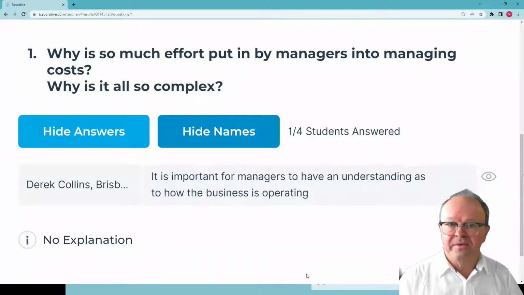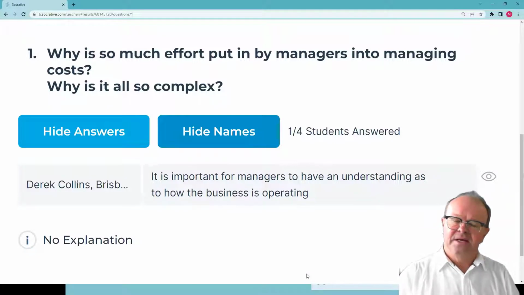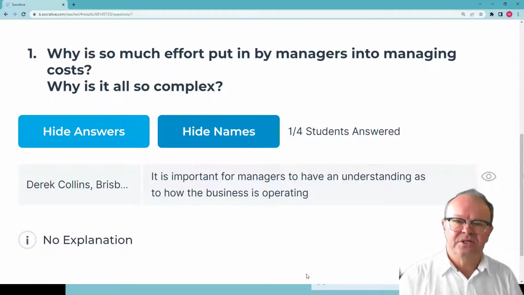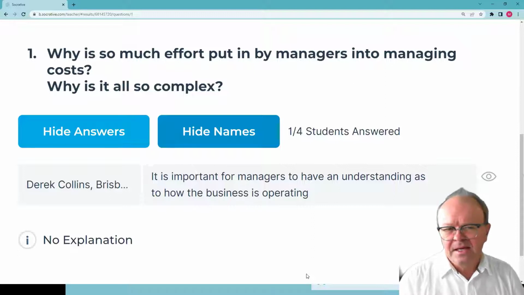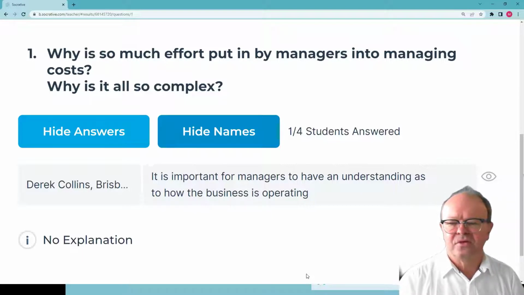And you can have a lot of operations everywhere. Ryman Healthcare has a lot of retirement villages everywhere, a head office in Christchurch, and all these retirement villages as well in Victoria. How do you keep track? How do you keep track of what's going on in your business? Any other thoughts people have?